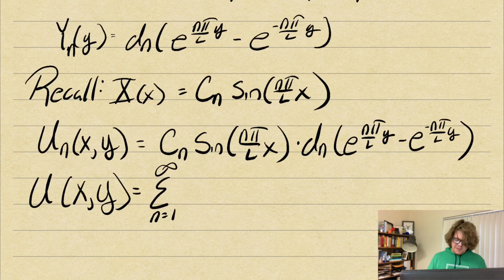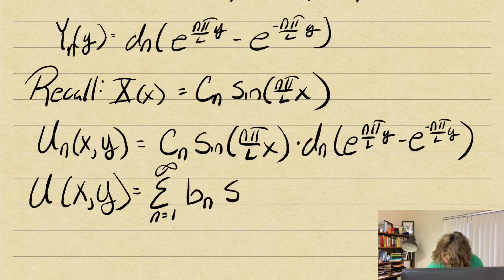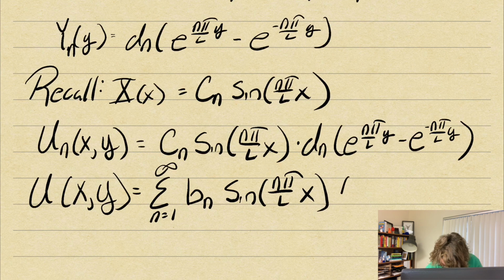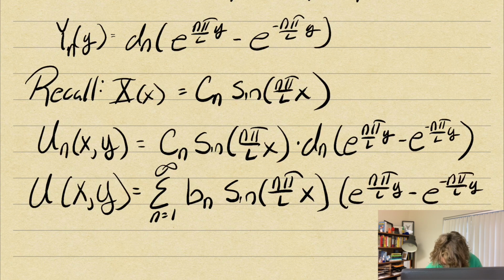I'll combine my c sub n and my d sub n into something that I'll call a b sub n. So our solution is going to be the sum of b sub n times sine of n pi over L times x times this quantity e to the n pi over L times y minus e to the negative n pi over L times y.